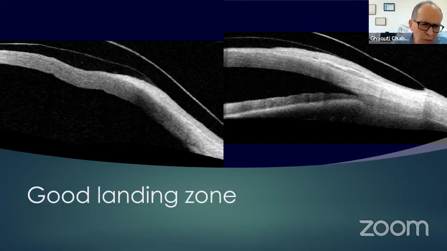Most of the time, when you're using the iPrint Pro impression, do you have to send back the lens to do some other? Well, I don't send the lens back.